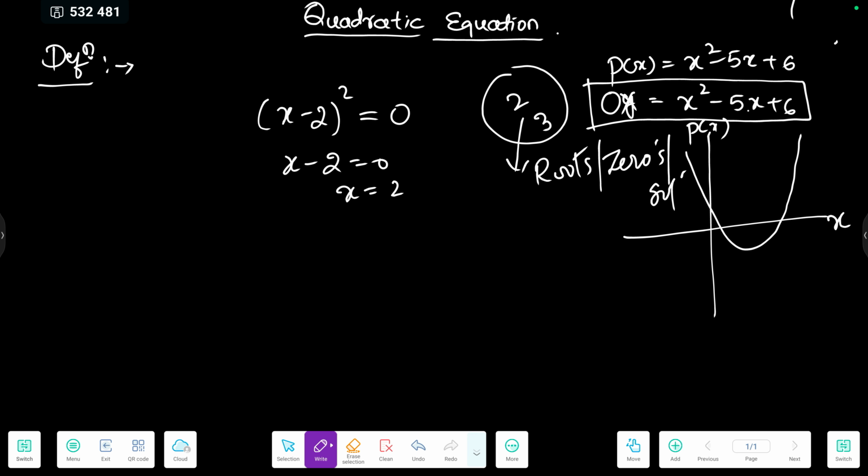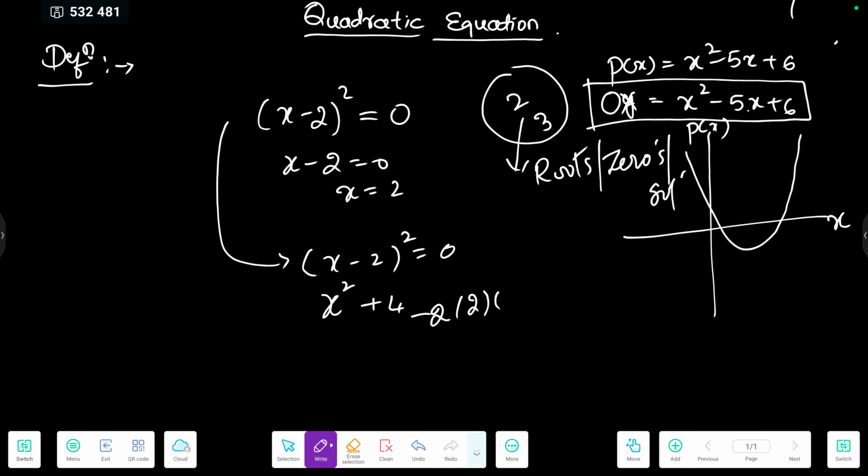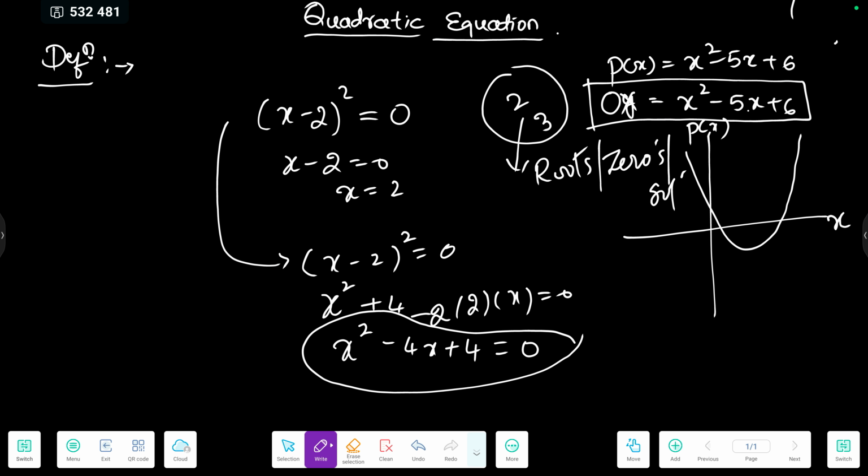Okay, this is a different aspect here. x minus 2 whole square equals 0. What is it? A quadratic equation. Solve this, you will get only one solution. Both roots are same.